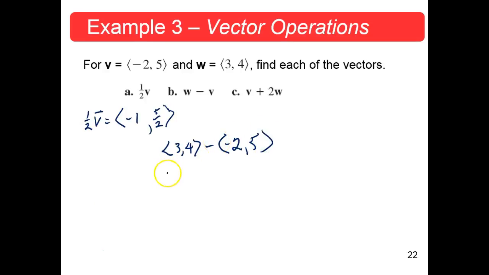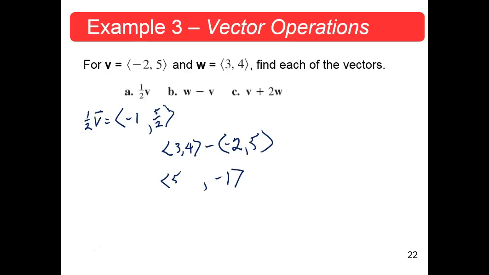And what would this be? 5, because 3 minus negative 2 would be 3 plus 2 is 5, and negative 1. Perfect. 5, negative 1.